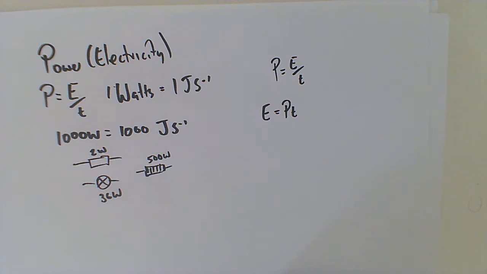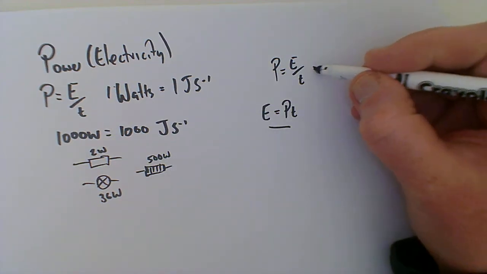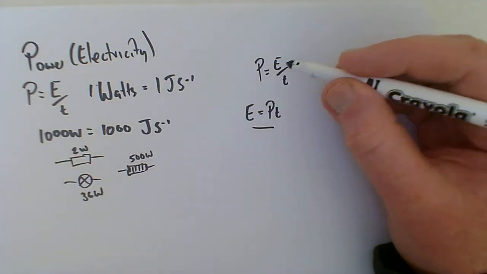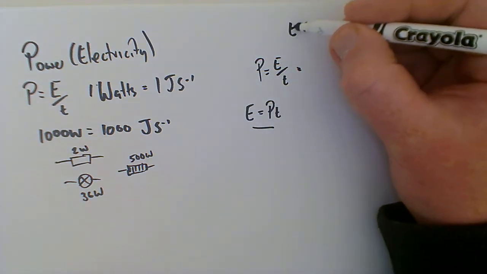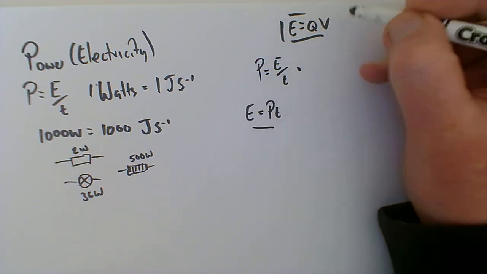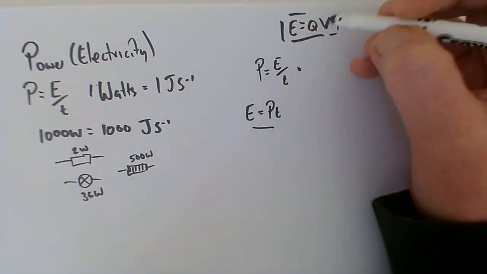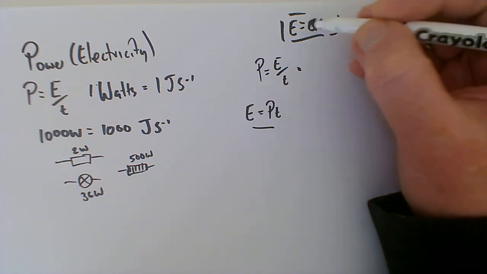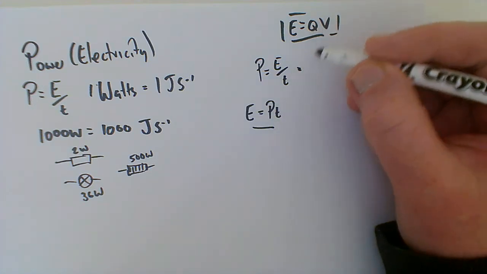Right, brilliant. P equals E over T, right? So E equals QV. You don't know what that means. It's the energy required. 1 volt is 1 joule per coulomb, rearranged. So P equals E over T. E equals QV.